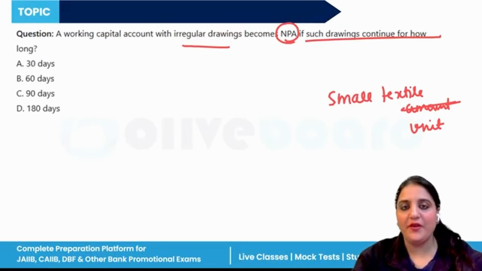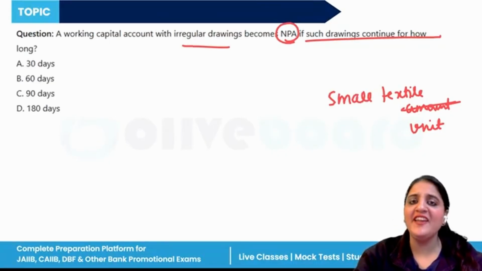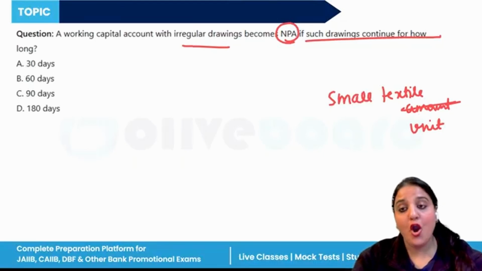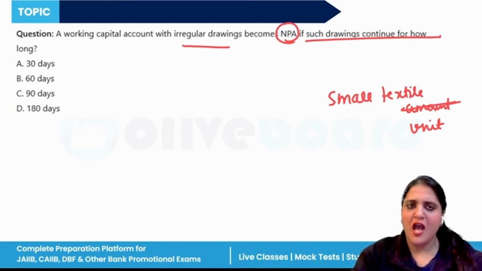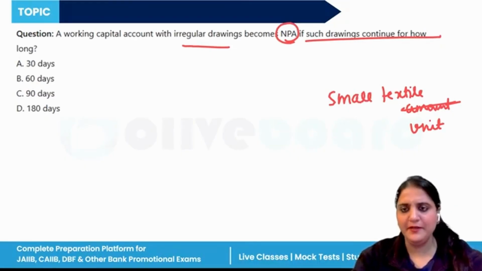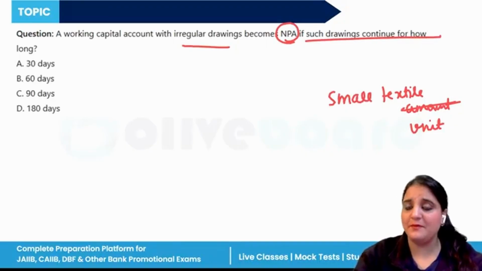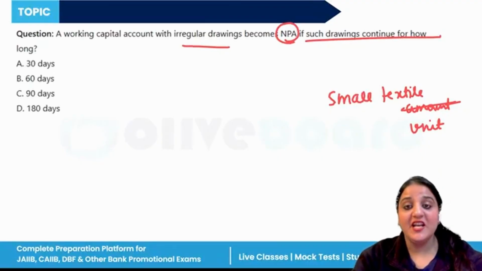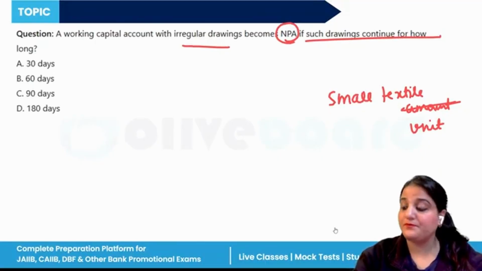Sometimes she draws slightly more than her working capital limit because of unexpected demand, or she misses submitting her stock statement. However, her overall business is fine. She pays later. Should the bank classify her account as NPA immediately? Here, the temporary deficiencies are considered.